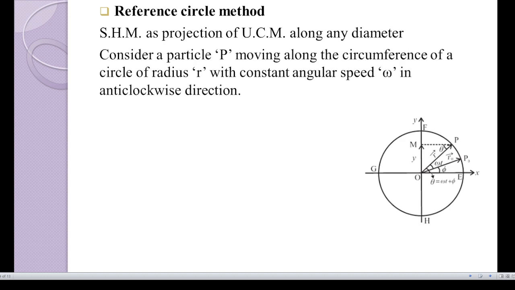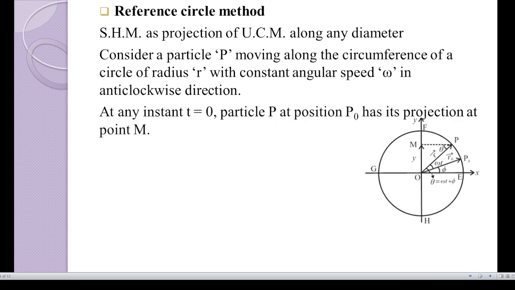Now the next point is the reference circle method. SHM as a projection of UCM along any diameter. Consider a particle P moving along the circumference of a circle of radius r with constant angular speed omega in an anticlockwise direction.